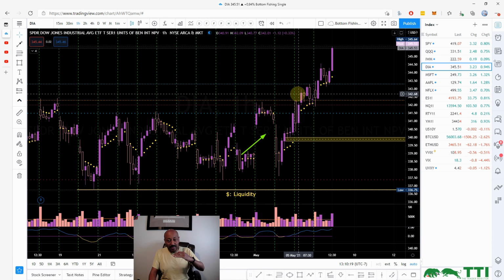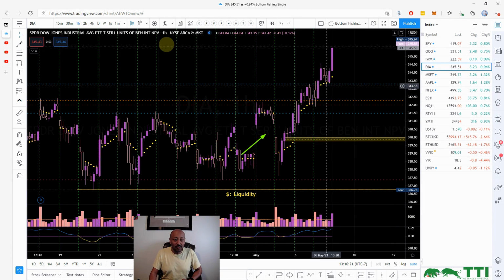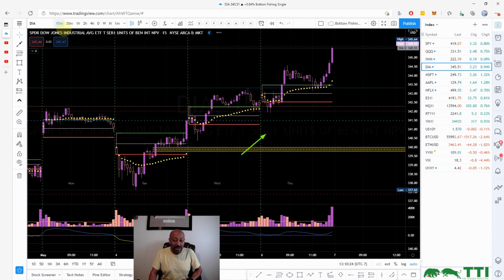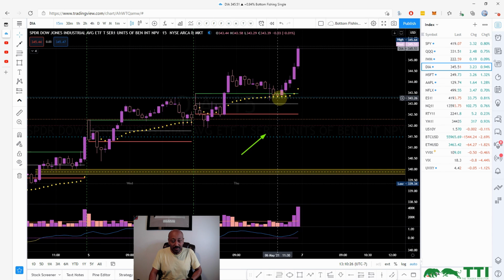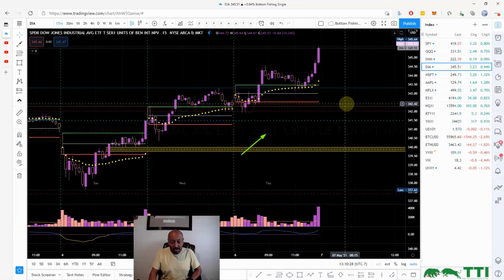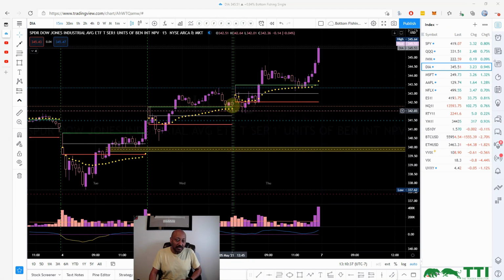But by patient, I mean you also trail your stop, and you want to place your stops at the right place and not see your price reverse on you and go from green to red. That's definitely something you don't want to do. You absolutely want to avoid having to go from green to red.